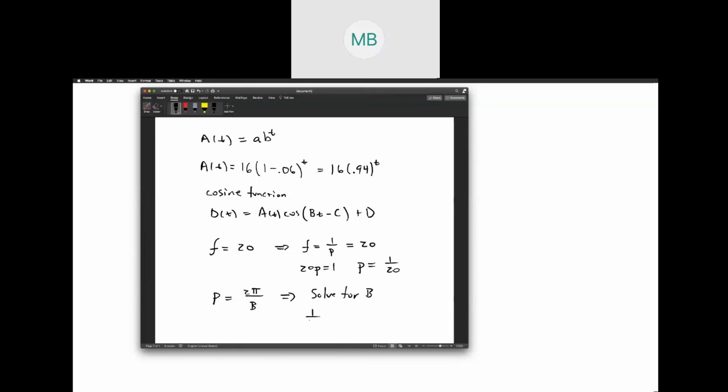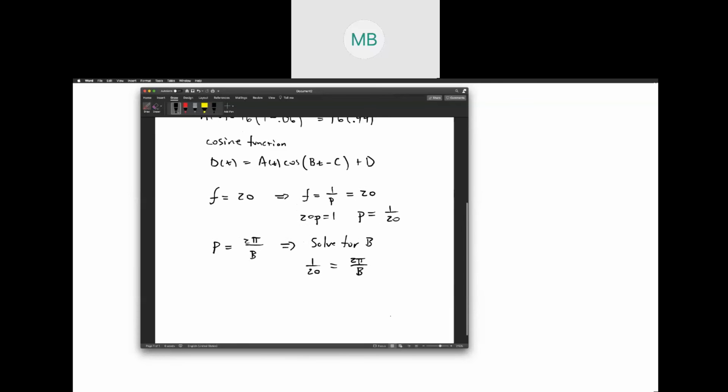So we got 1 over 20 is equal to 2 pi over b. We have a proportion. We can cross multiply. We get b is equal to 40 pi, and that would be the coefficient b.